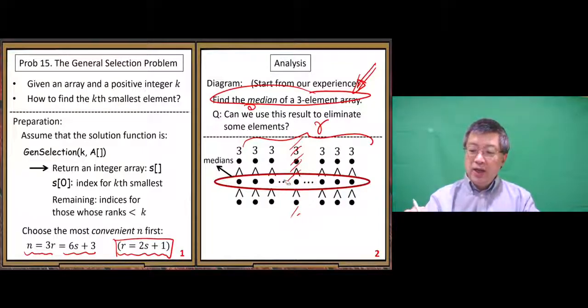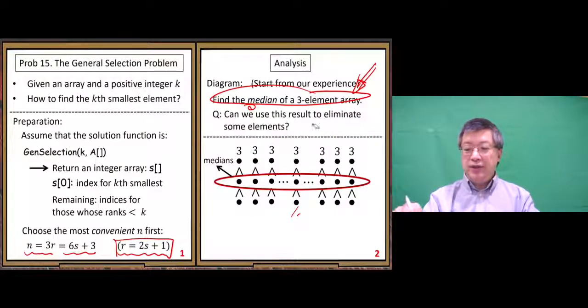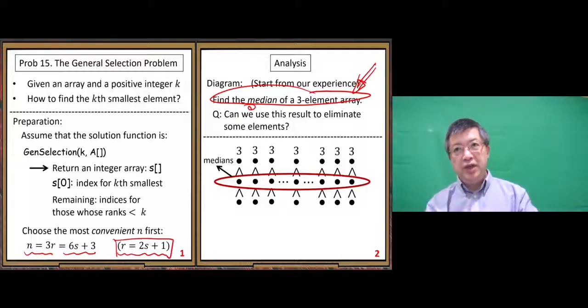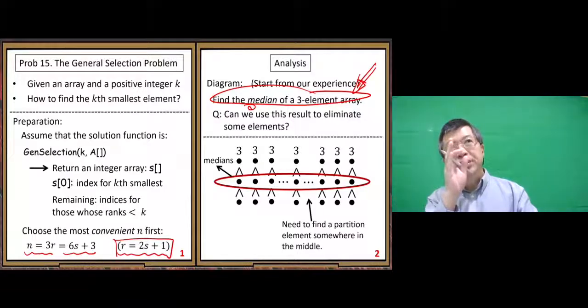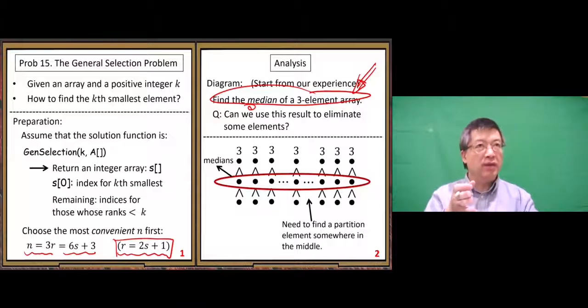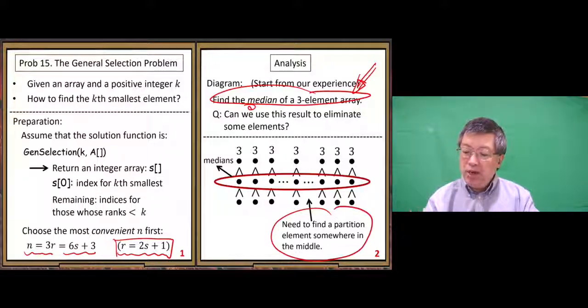So why is it good? You will see, because remember, we want to do partition. We want to partition the elements of this array. So we need to find a partition element somewhere in the middle.